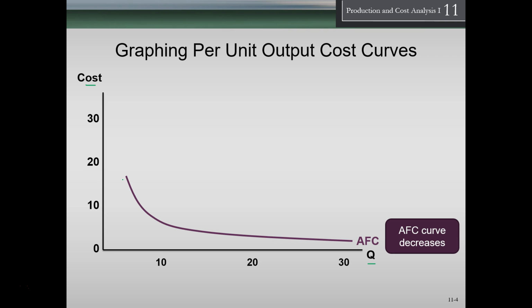That's what we're graphing. And it goes down, of course, because the rent is 50. If we produce 1 unit, that 1 unit costs 50. Then as we produce more units, the cost per unit, the average fixed cost, will go down. So notice that the average fixed cost actually goes down as we produce more units.